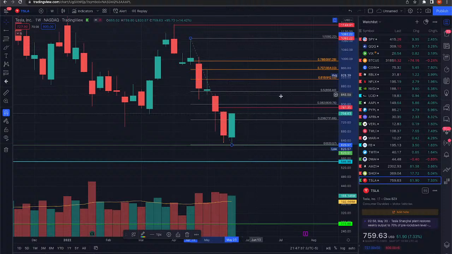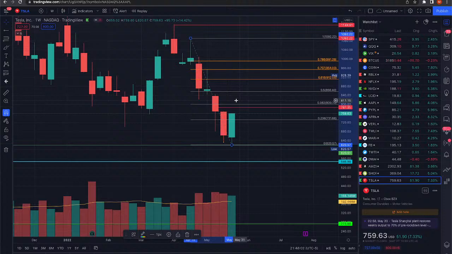I know some people like to play, so let's say my target price was 800, people get 800 calls. We could do that if the contracts are not too high priced, but probably I'll be staying away from Tesla because sometimes you have to average down, and with Tesla you can't really average down too much with the 5K account on any good contracts.